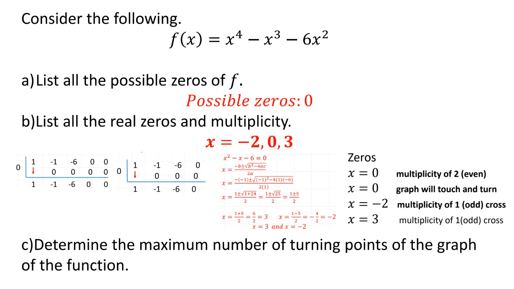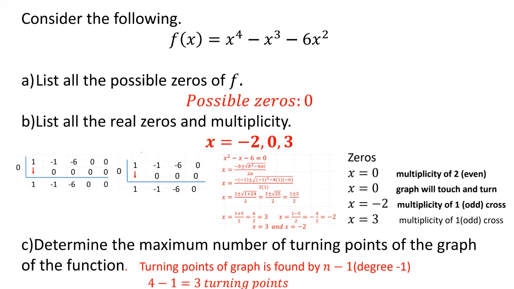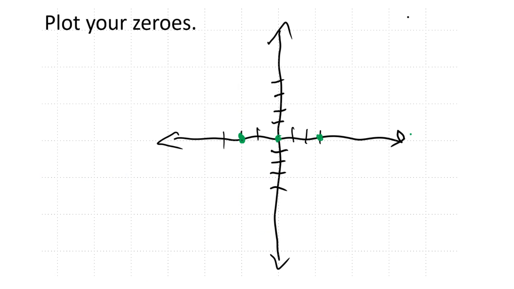If we were to determine the maximum number of turning points, there is a formula for that: the number of turning points is the degree of the function minus 1. In my case, the degree of the function is 4, so 4 minus 1 is 3. So this one has 3 turning points.